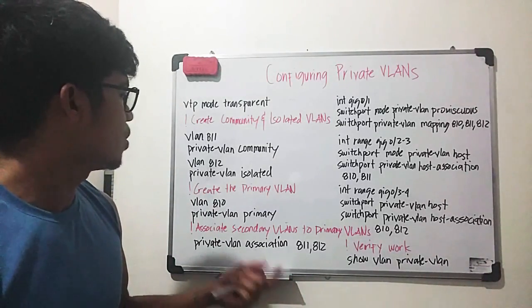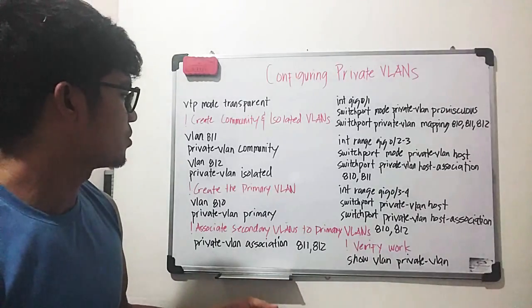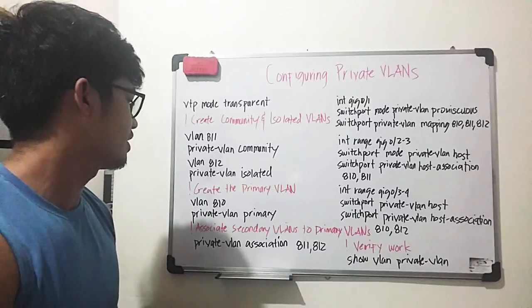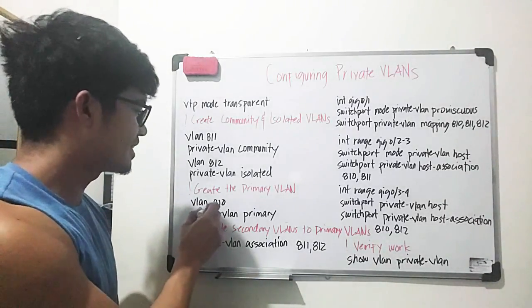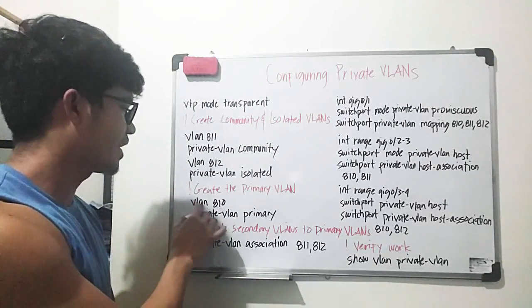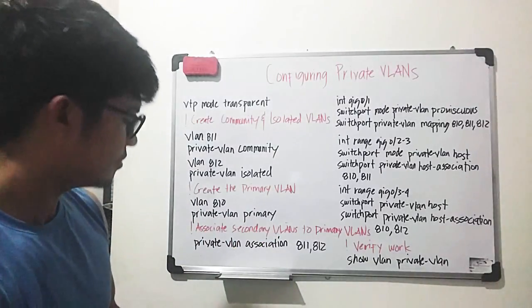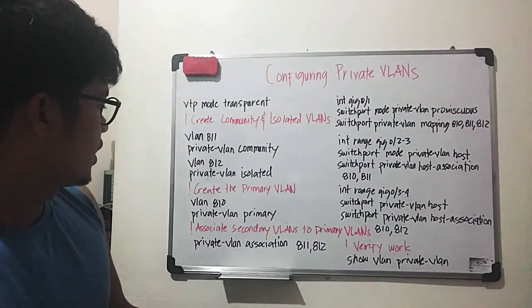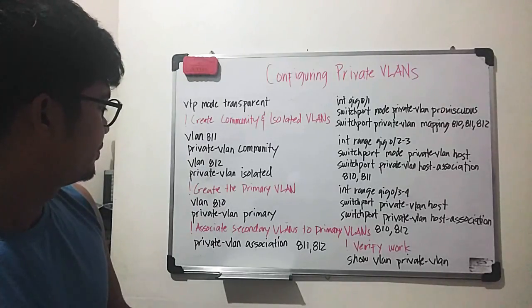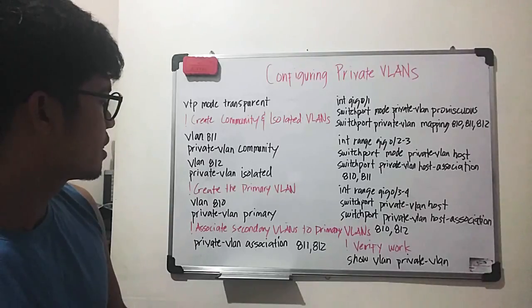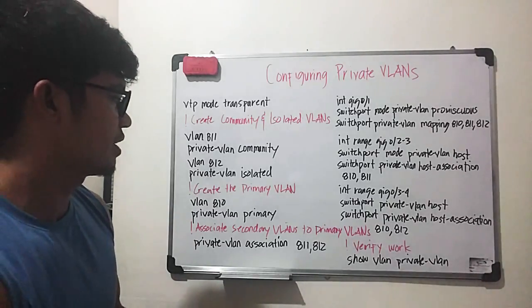So you also need to create the primary VLAN. In this case, your primary VLAN is 810, so you need to say vlan 810 private-vlan primary. And you need to associate all the secondary VLANs to the primary VLAN.